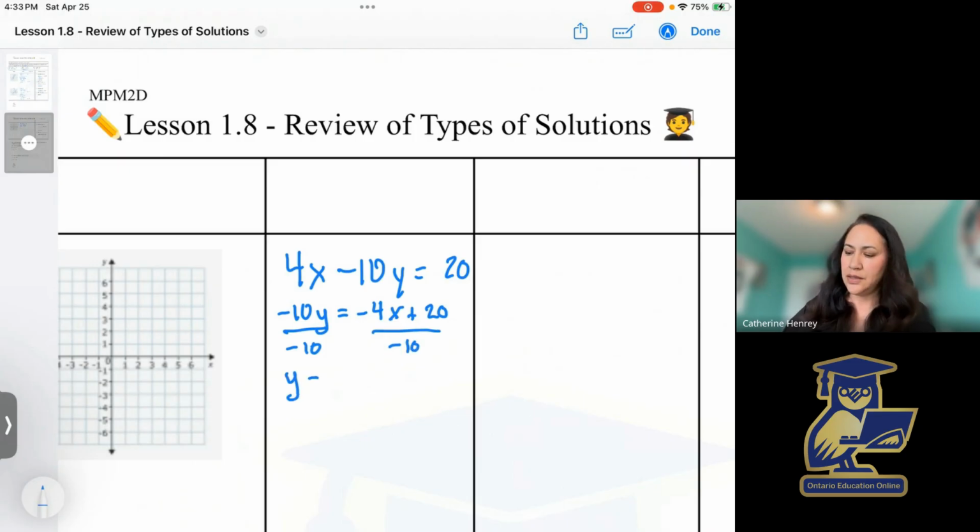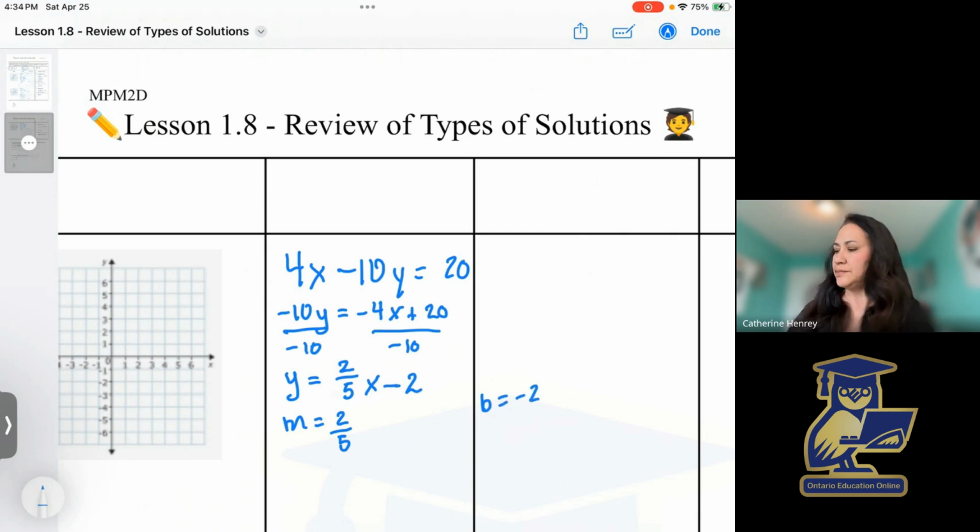So y here is equal to negative 4 divided by negative 10 is going to give me 2 over 5x. And then 20 divided by negative 10 is going to give me negative 2. So my slope here for this first equation is 2 over 5, and the y-intercept is negative 2.